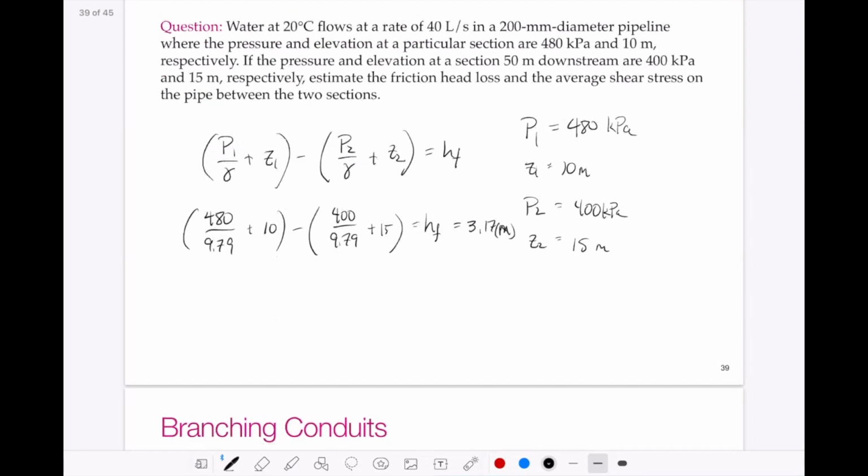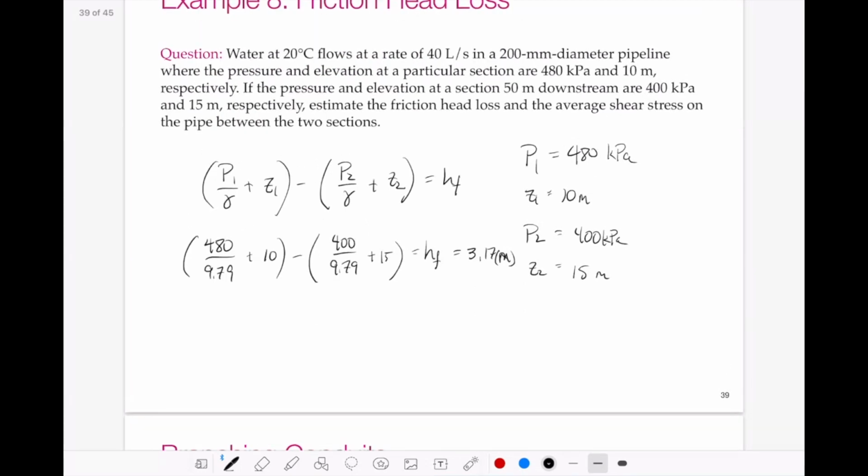So what that means is if we had a pipe and we had a pressure tap at the two sections, the pressure head on an open tap to the atmosphere at some point would be here.